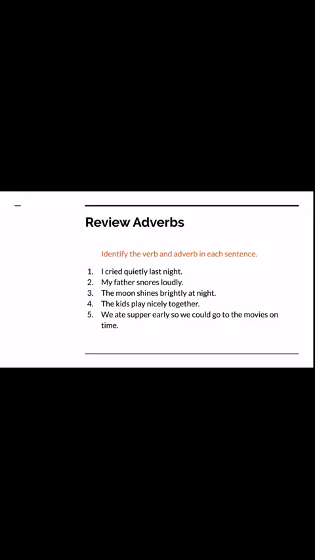So if you said nicely, nice job. Number 5, we ate supper early, so we could go to the movies on time. What is the verb in that sentence? If you said ate, you are correct. Now, what is the adverb? This one's tricky. Early is the adverb in that sentence.